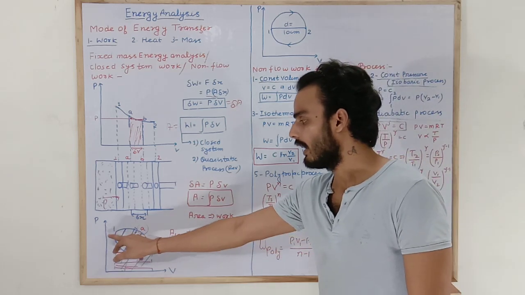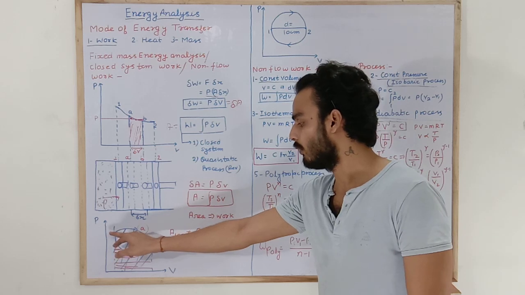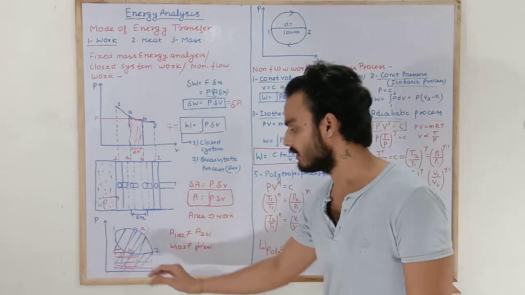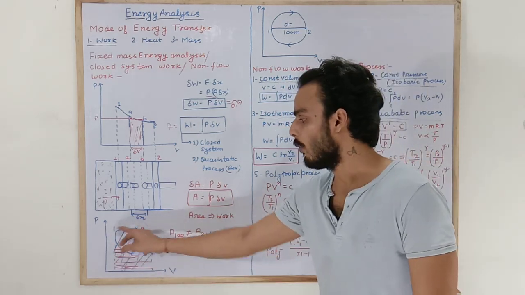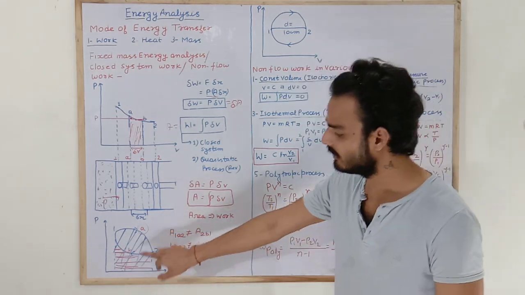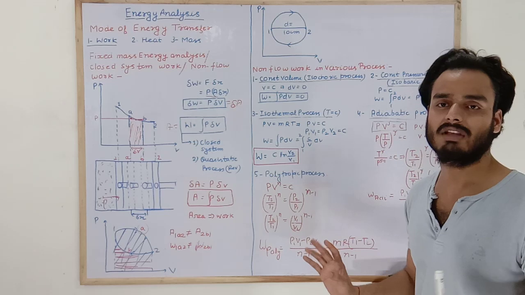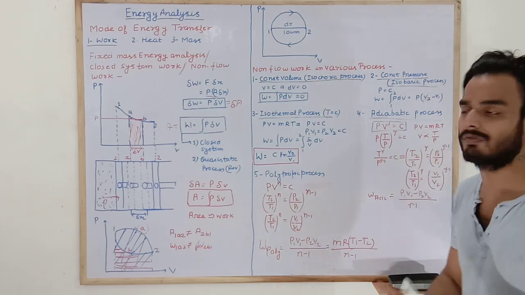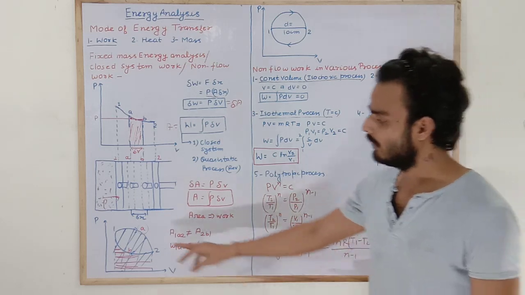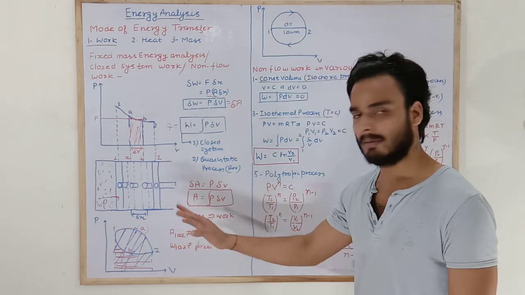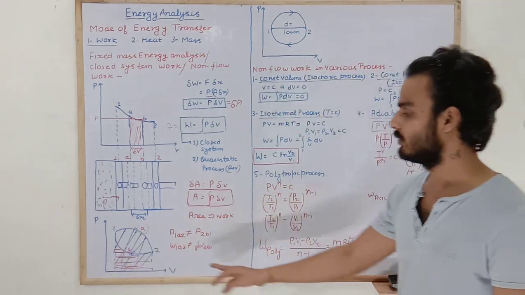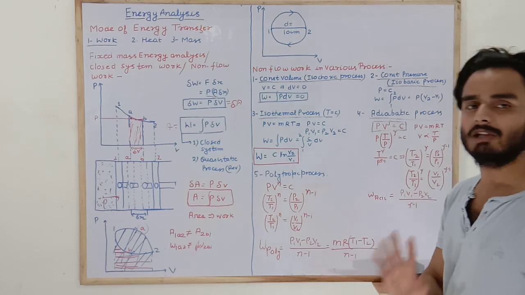That means work 1A2 is not equal to work 2B1, because the path changed. If the path changes, work will change, because work and heat are path functions. By this path work will be something, and by the other path work will be something else. These two works are not equal, so you can say work is a path function.